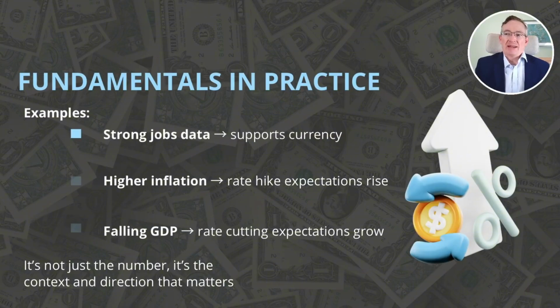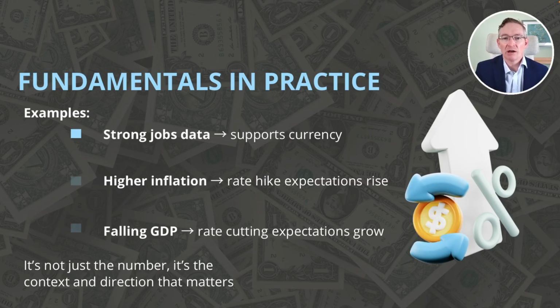So, fundamentals in practice would be something like, you see a strong jobs data report, that's likely to support the currency. Even more important is the central bank focusing on it. If the central bank's saying, we want to see jobs improve before we look at hiking interest rates, then all of a sudden, if jobs improve, interest rate hikes are going to be speculated about and the currency is going to grow.